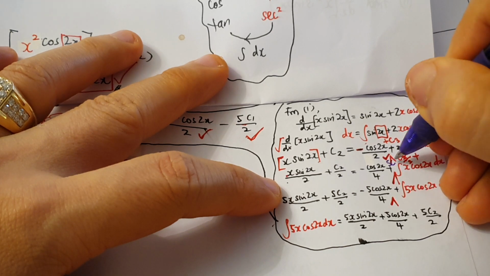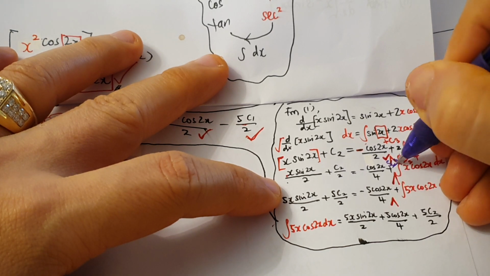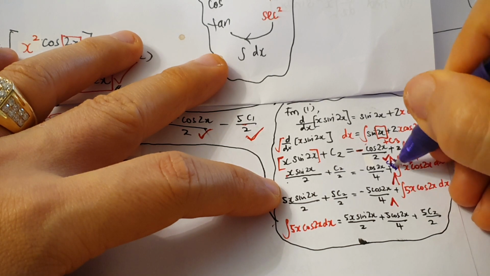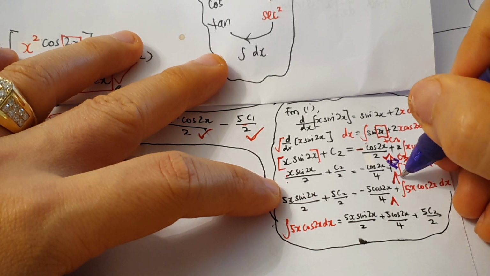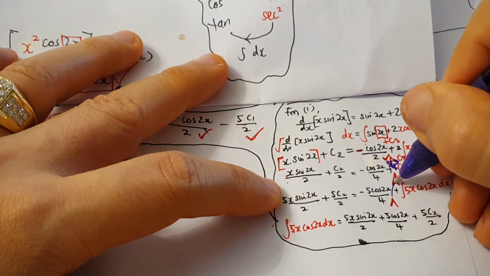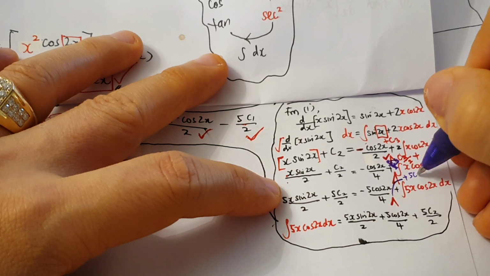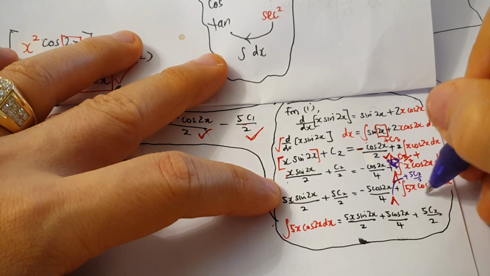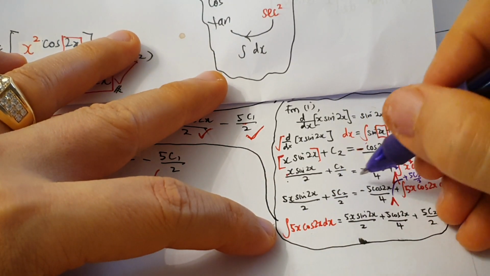C3 over 2. Then plus, oh here, sorry. Okay, now I got this thing that I want already, then this thing that I want already.